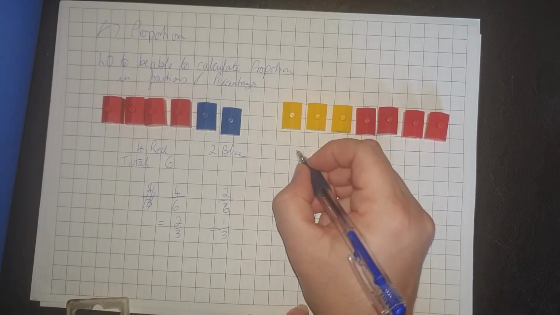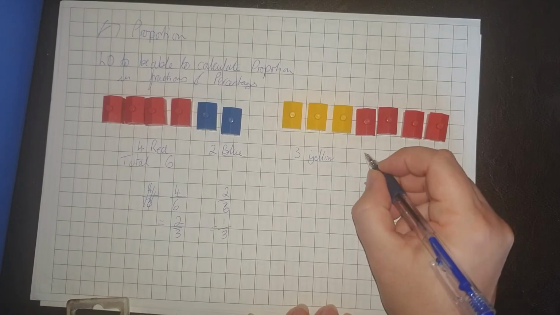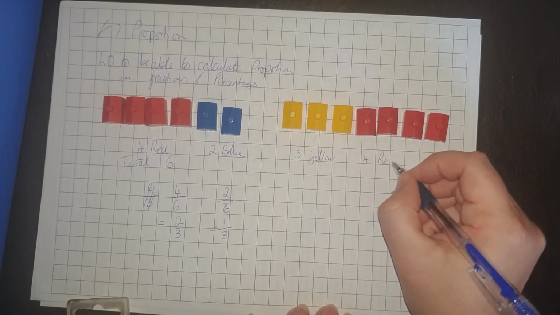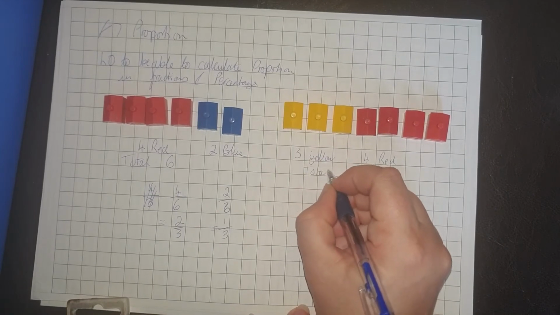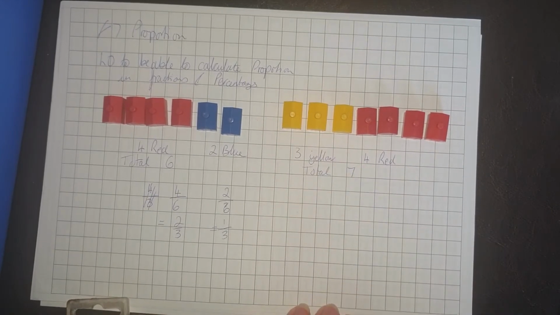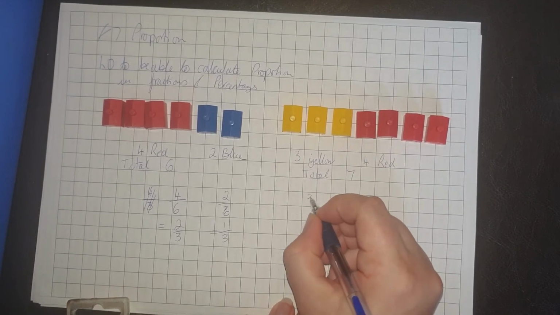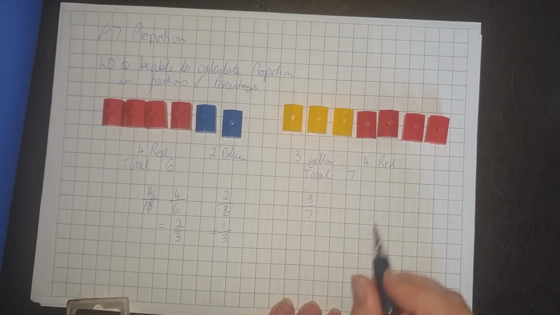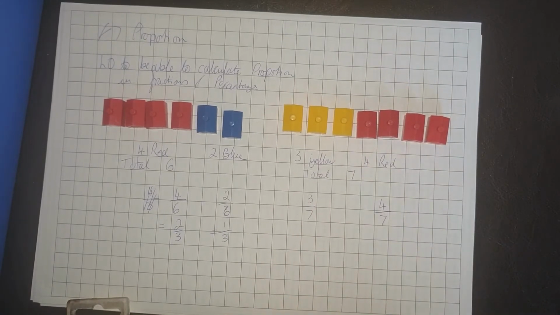Well, obviously we have 3 yellow, we have 4 red. So the total we have is 7. So the proportion of yellow is 3 over 7. The proportion of red is 4 over 7.